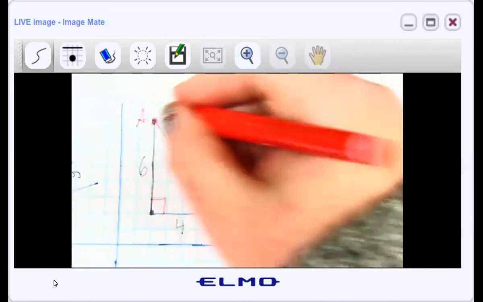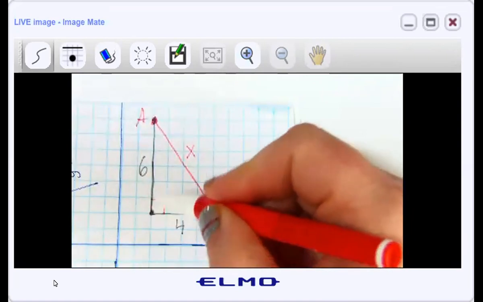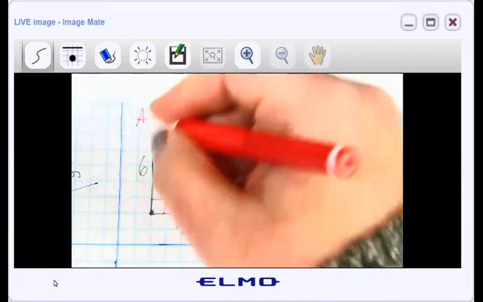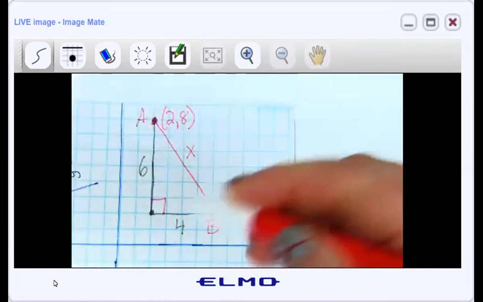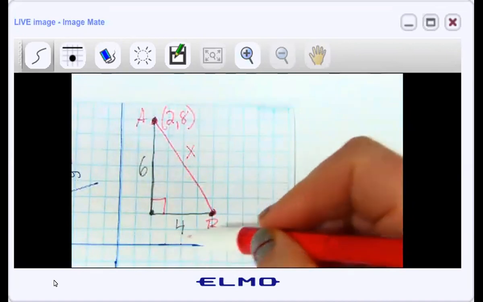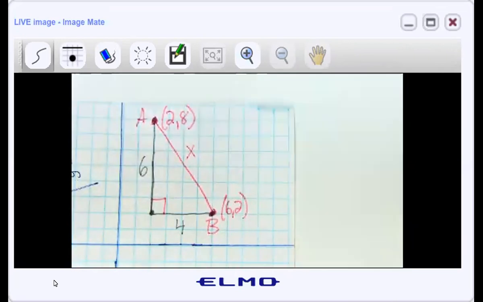So let's take a look at what those 2 points are. Here's point A and here's point B. A is at, what is this, 2, 4, 6, 8. So A is at (2, 8). And B is at 1, 2, 3, 4, 5, 6, 2, so B is at (6, 2). What I want to do is focus on finding the distance between the points (2, 8) and (6, 2). As we go through it, you're going to see how this relates back to this right triangle.